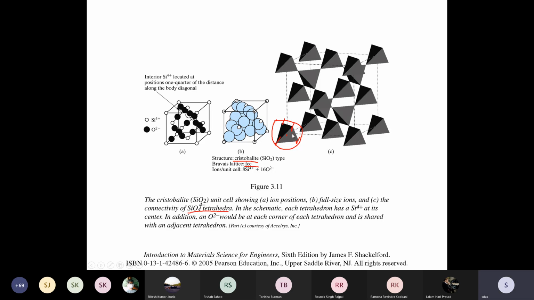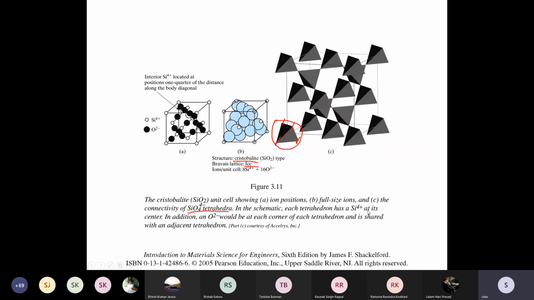There is a tetrahedron at 8 corners and 6 face-centered positions. At the 4 corners of the tetrahedron, you have oxygen ions, and at the center of the tetrahedron, you have a silicon ion.